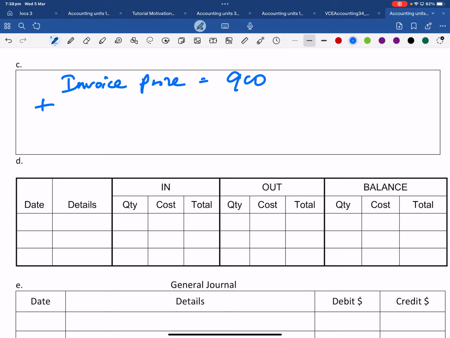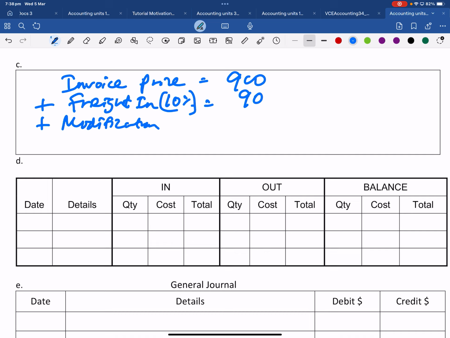Then for that you add freight. How much is freight? 10% of the invoice price, which is 90. Then again you add modification cost. How much is it? 25. Then you get 1015.